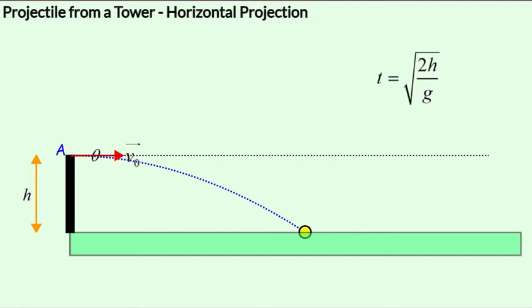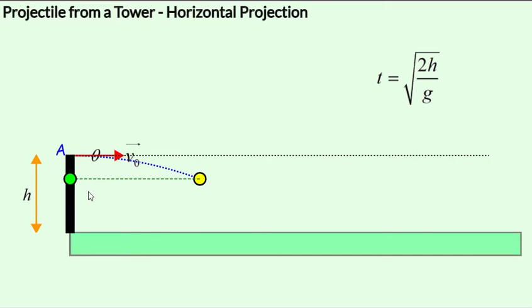To prove this, let's compare the downward movement with one ball just released from rest and the other ball thrown with a certain horizontal velocity. The green ball is released from rest and the yellow ball is thrown with a certain horizontal velocity, v0.